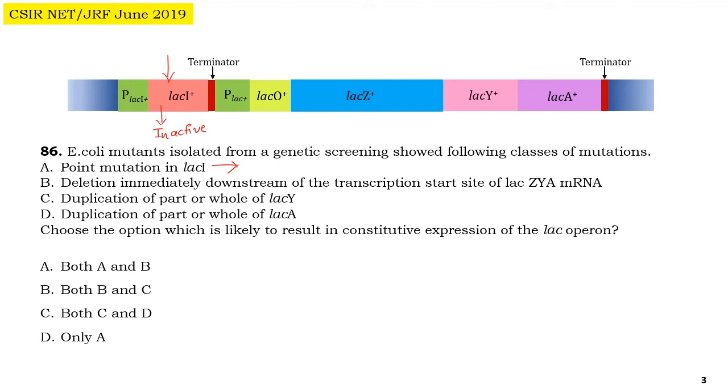Okay, inactive repressor molecule. This inactive repressor molecule won't be able to recognize and bind to the operator. Okay, so no binding will take place, that is no negative regulation.